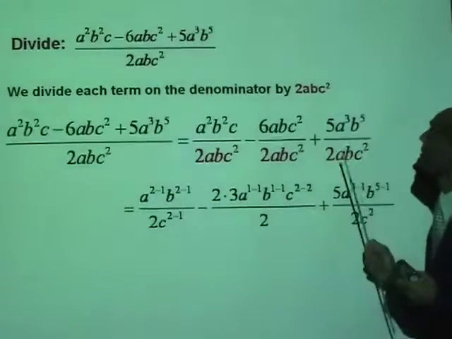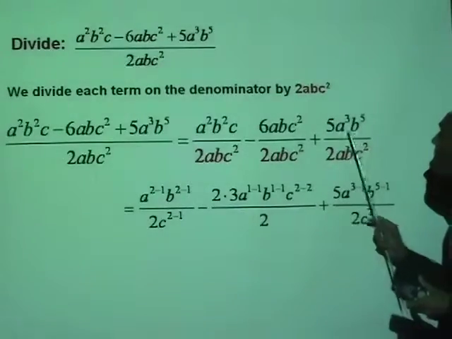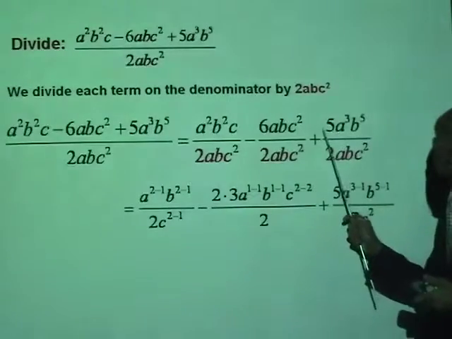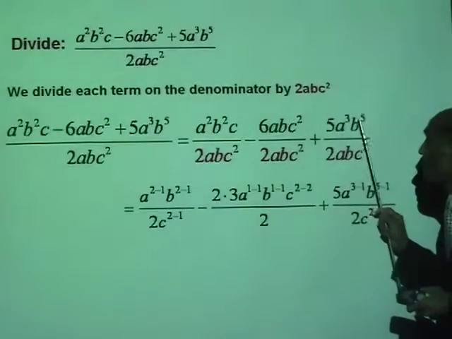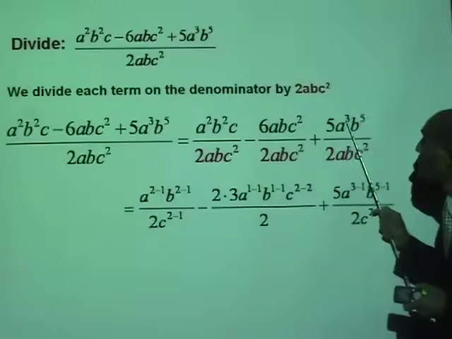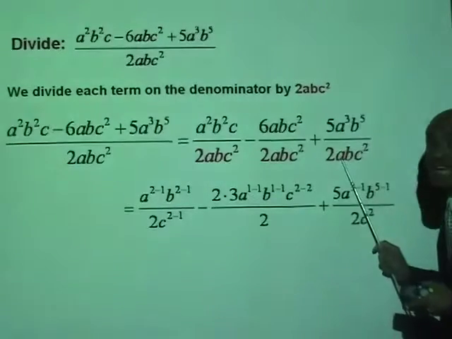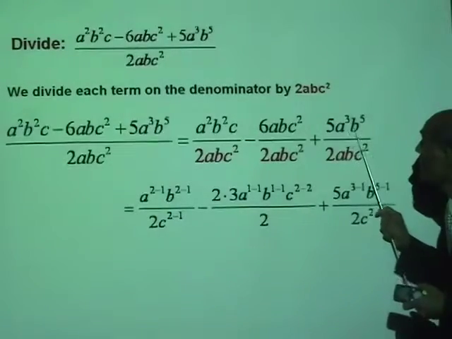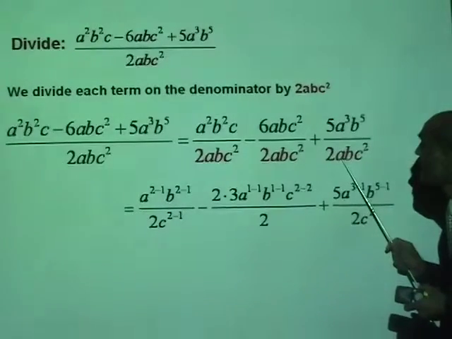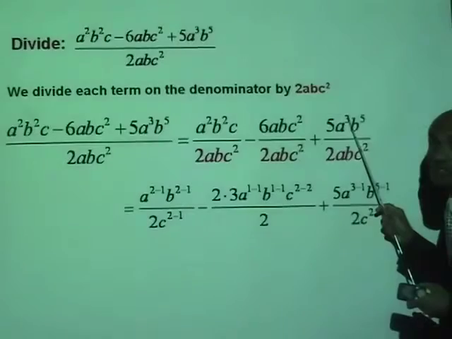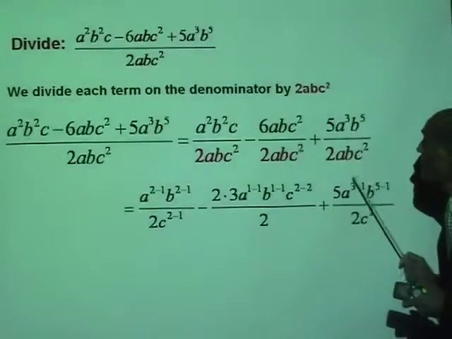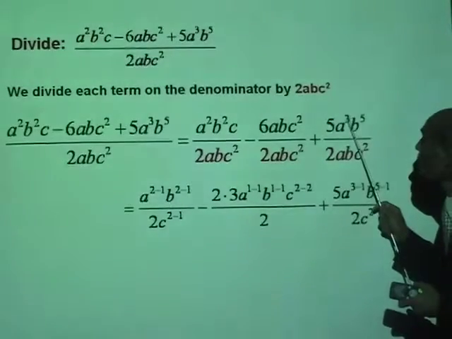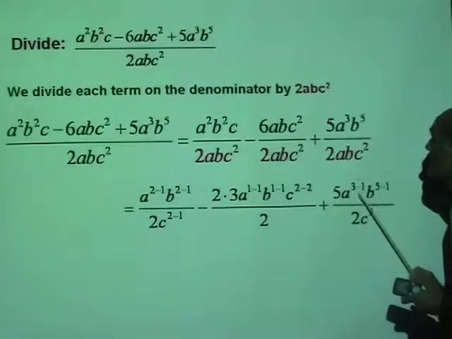Okay, and the last term, there is nothing to factor here. Look at a cubed on the numerator, a on the denominator. How will that be simplified? The numerator power is greater, so that will be a to the power of 3 minus 1.